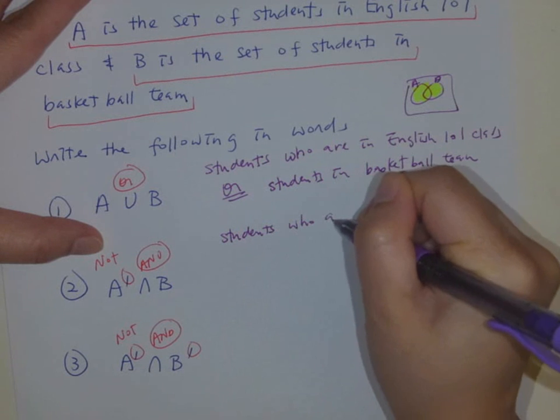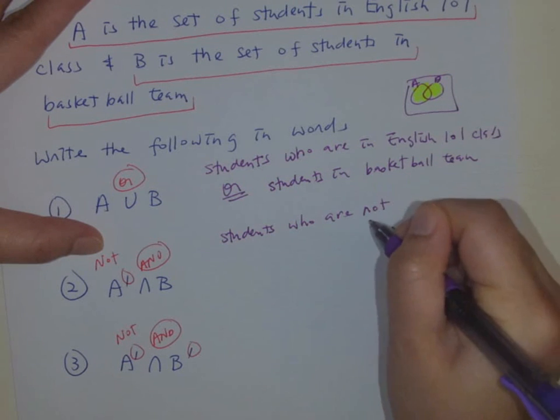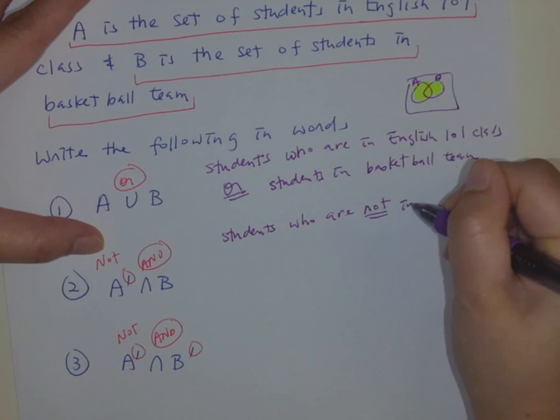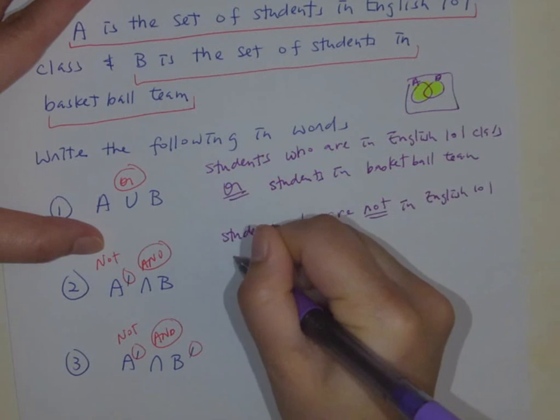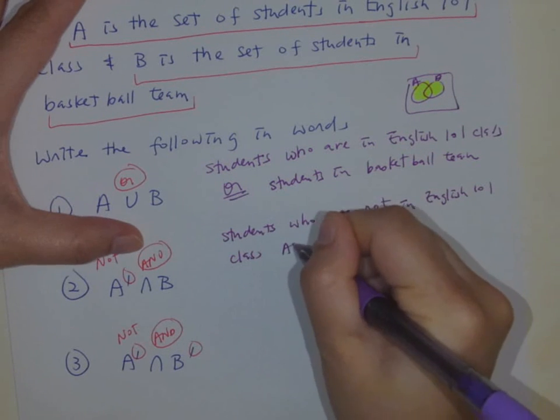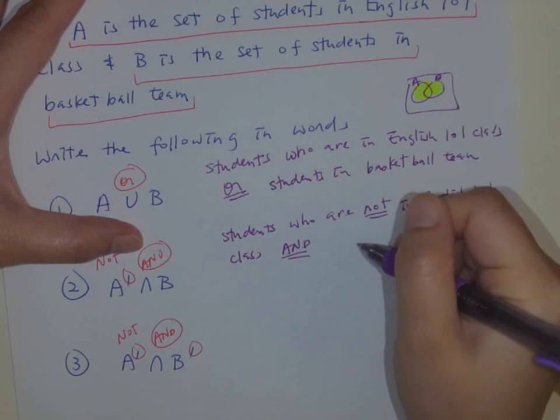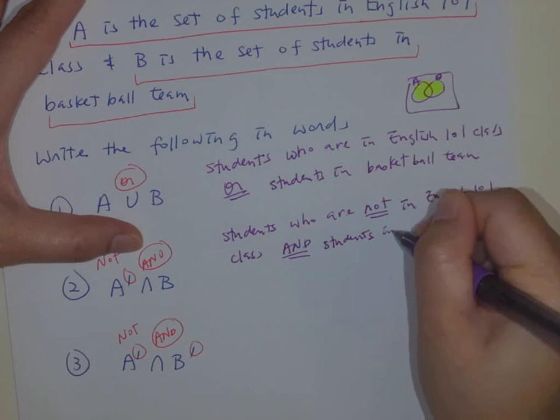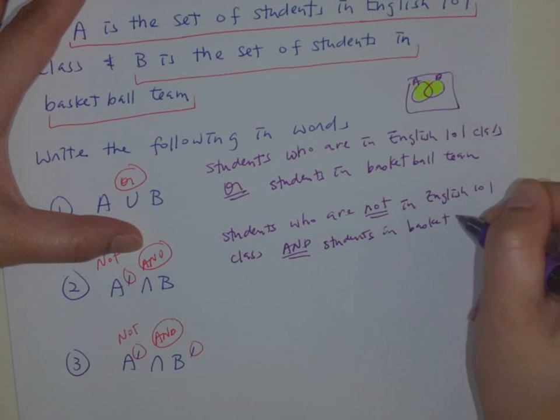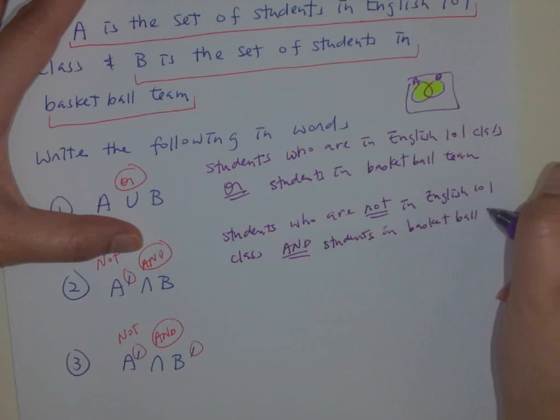So the second one says not A, so students who are not in English 101 class, and this is intersect, right? Students in basketball team.